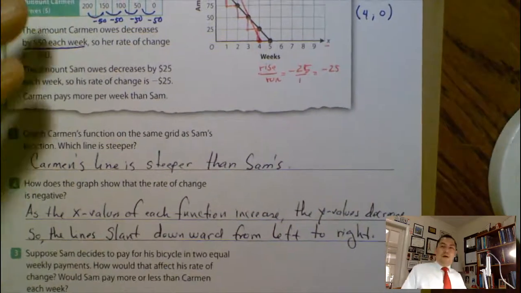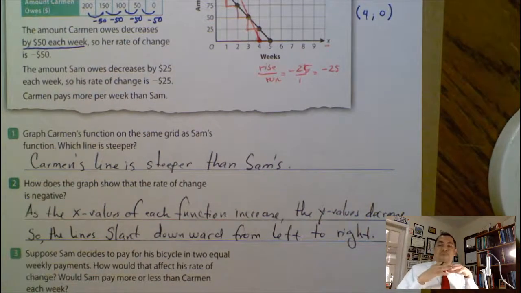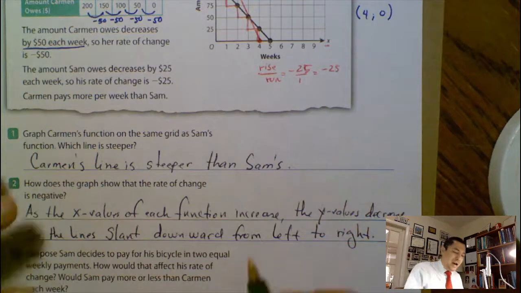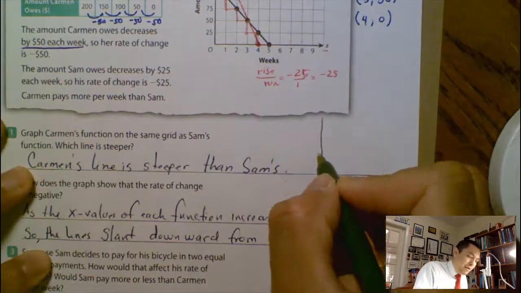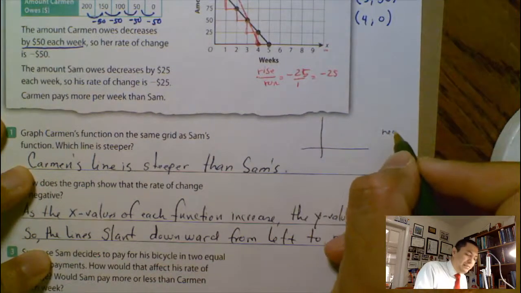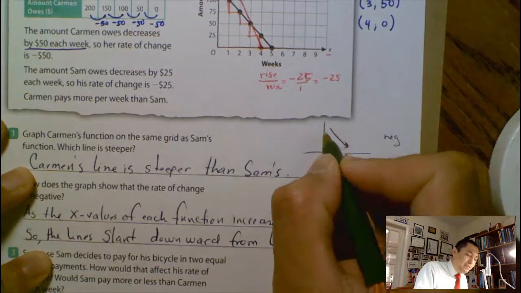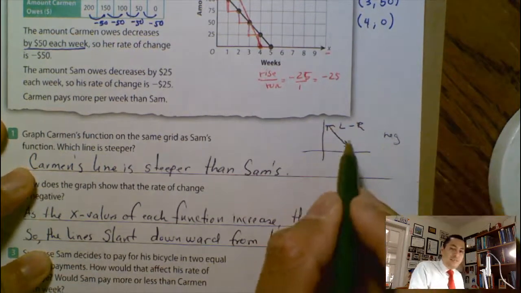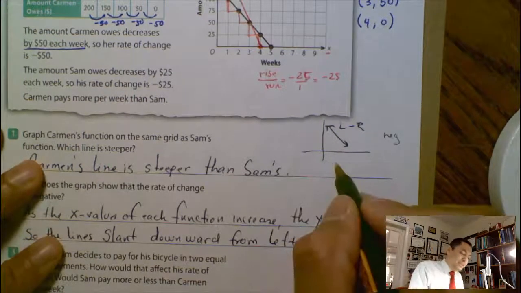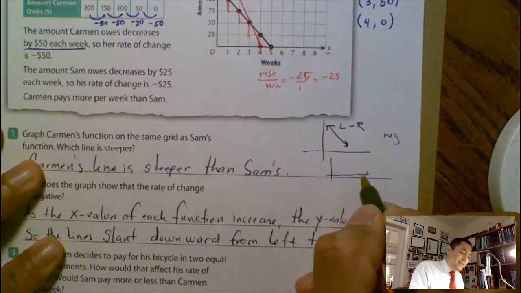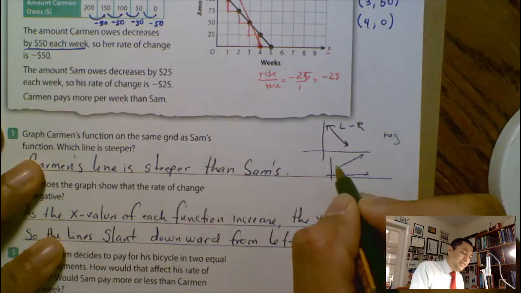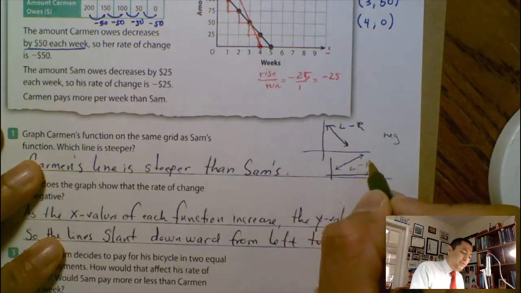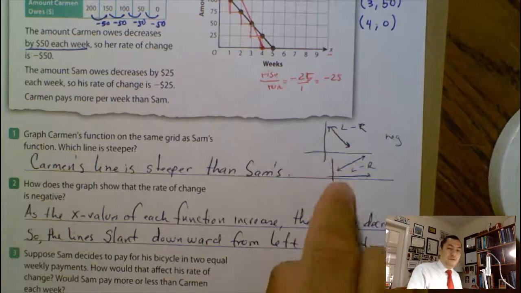When the slope is negative, the line decreases from left to right. It goes down here. If we have a graph and the slope is negative, the line decreases from left to right. That's when we know that the slope is negative. And if the slope is positive, the line increases from left to right.